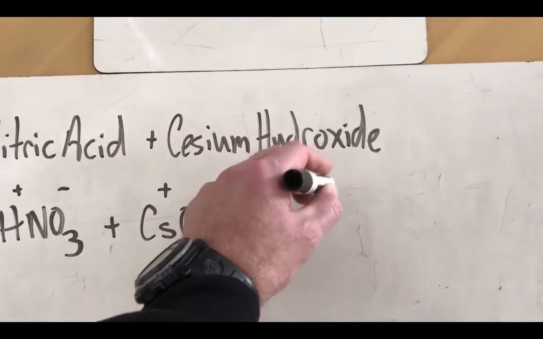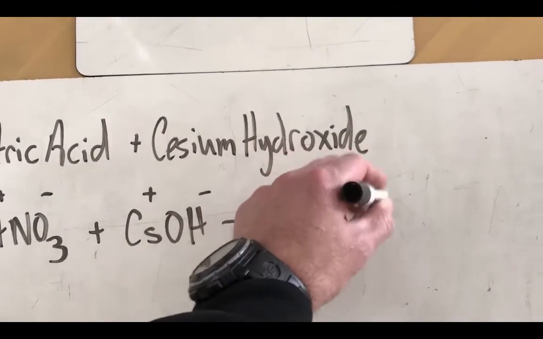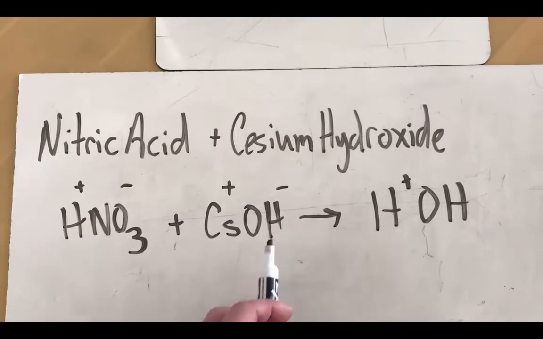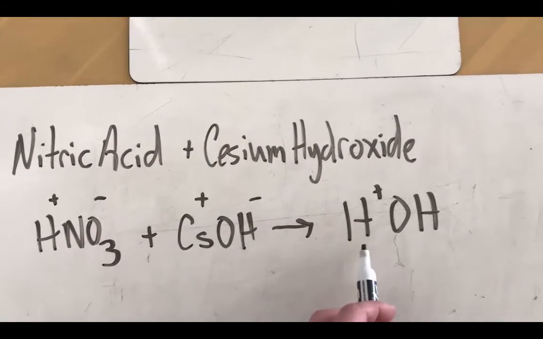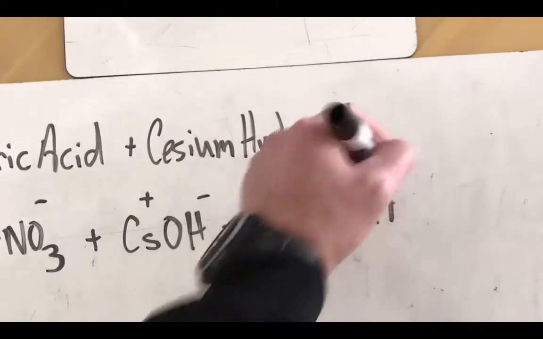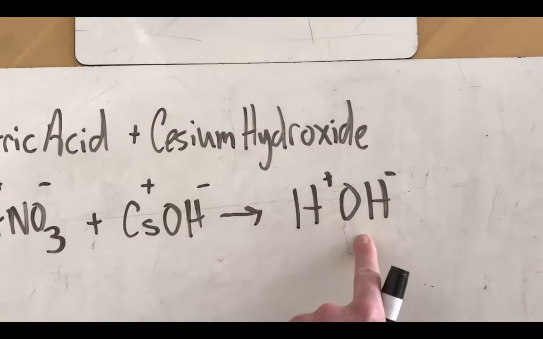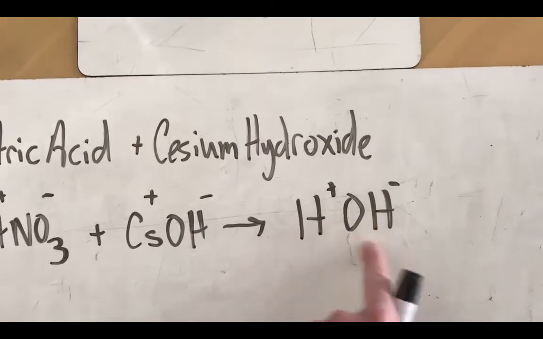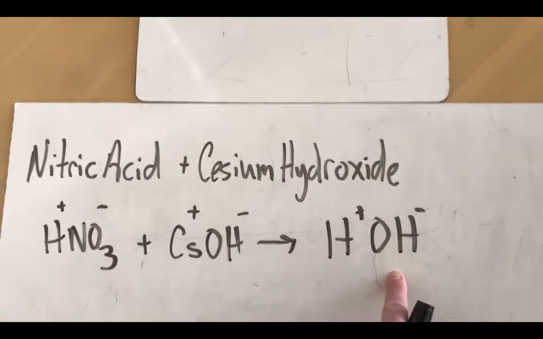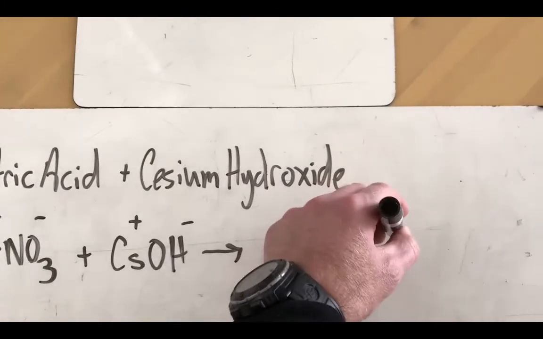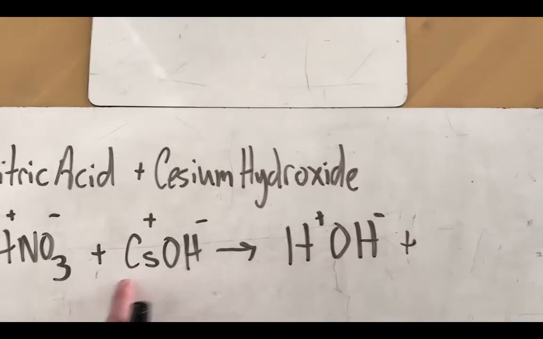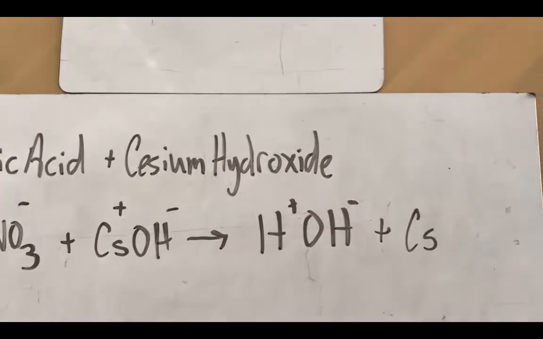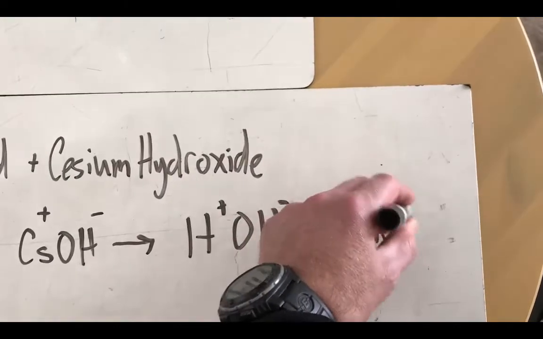We are totally okay with you writing water like this, because the hydrogen is now going to bond with this hydroxide, positive and negative, and that's how it's written. So it's okay to leave it like this. We know that that is a water molecule, H2O, so you don't need to fix that for now. Then we're going to get cesium nitrate, CsNO3.